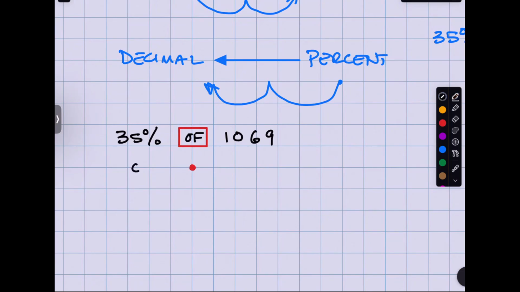So I'll take 0.35 and multiply by 1069, and that should give you approximately 374.15. So we'll say 374. Okay?